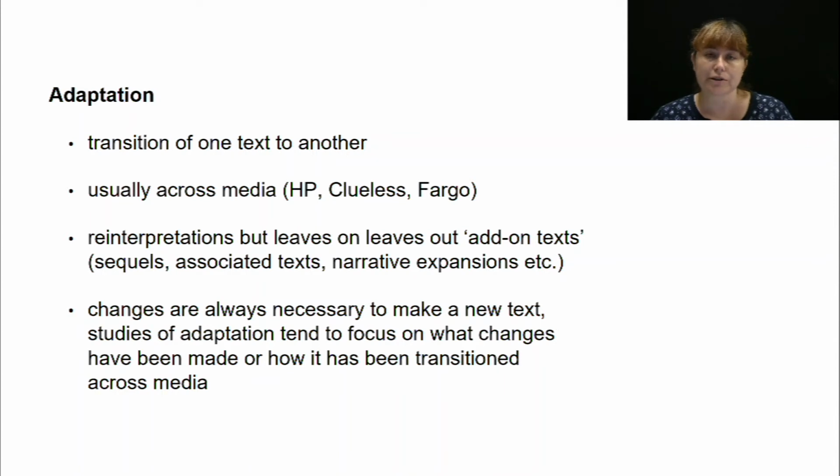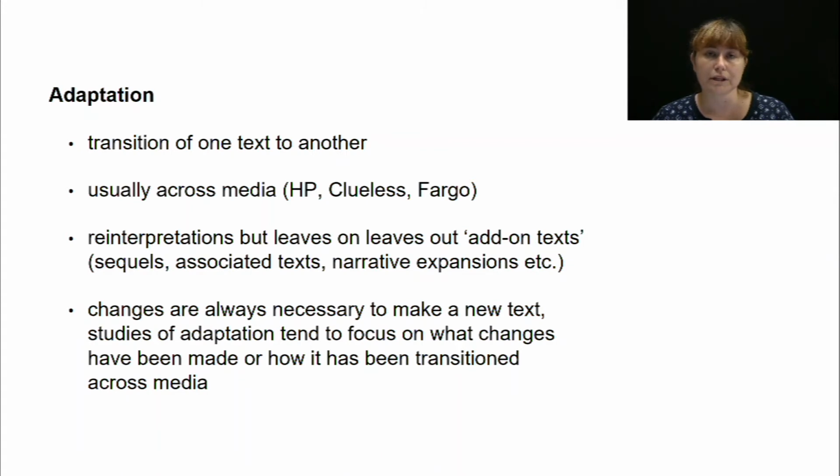But basically adaptation is the transition from one text to another. So this usually occurs across media. So think, say, of the Harry Potter books into Harry Potter films, and then Harry Potter video games, and Harry Potter Lego sets, and various other transmedia extensions, but also things that are reinterpretations.